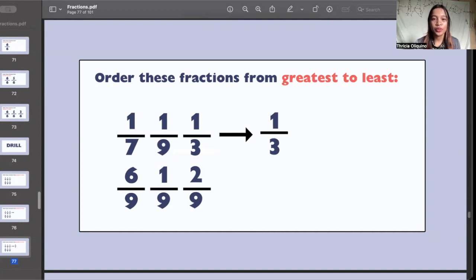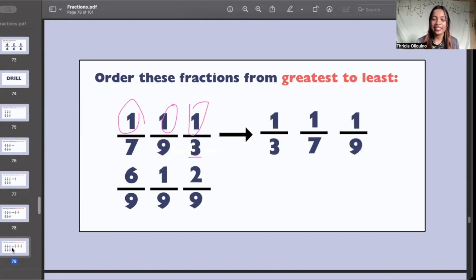Because when we have the same numerator, which is 1, the smallest denominator is the biggest fraction. How about the next one? Okay, it's 1/7. And the last, it's 1/9. If you got that correctly, very good.